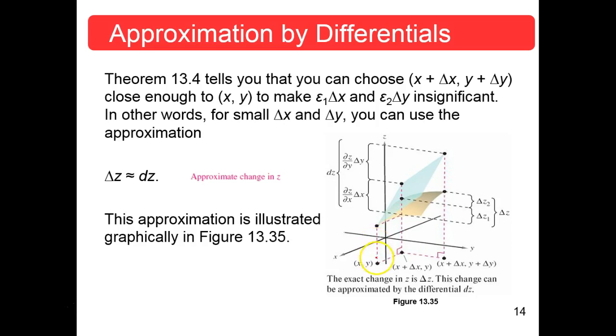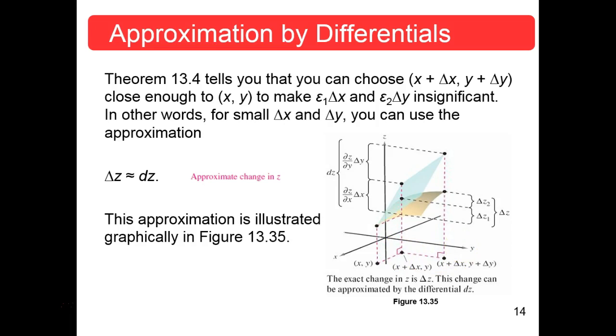All right, here's your point. I'm going to get my pen set up. Okay, here's your point x, y. And we're going to change the x a little bit. This actually looks like a negative delta x there. That's okay. Same y. And then when you come over here, it looks like you've changed for a positive delta y.